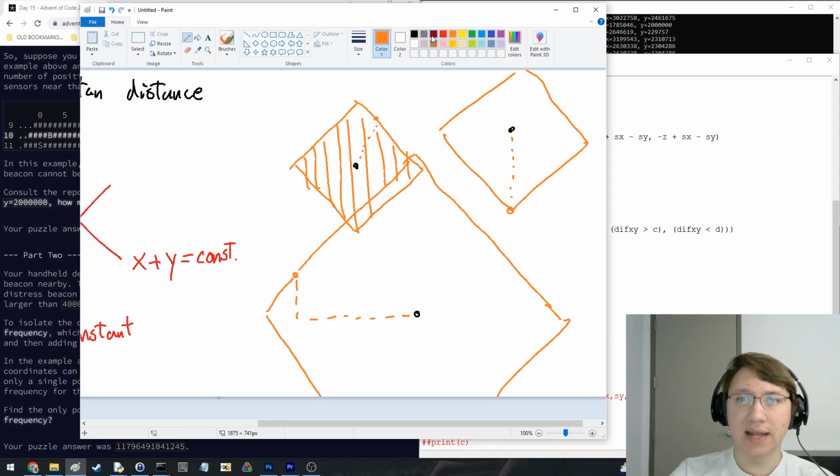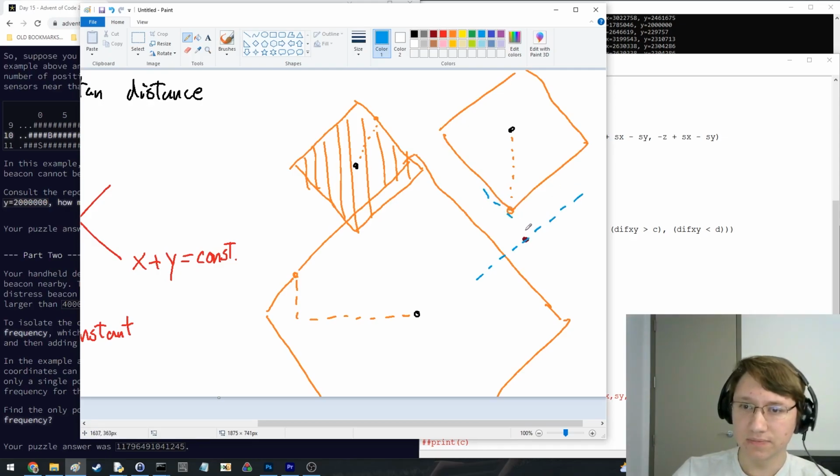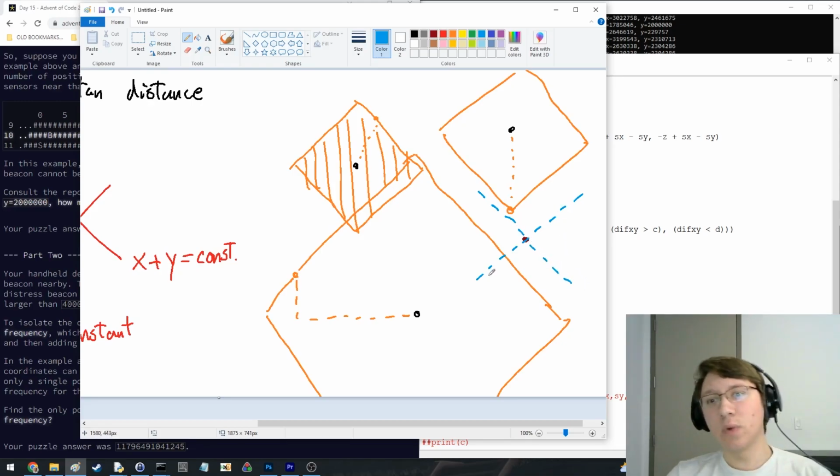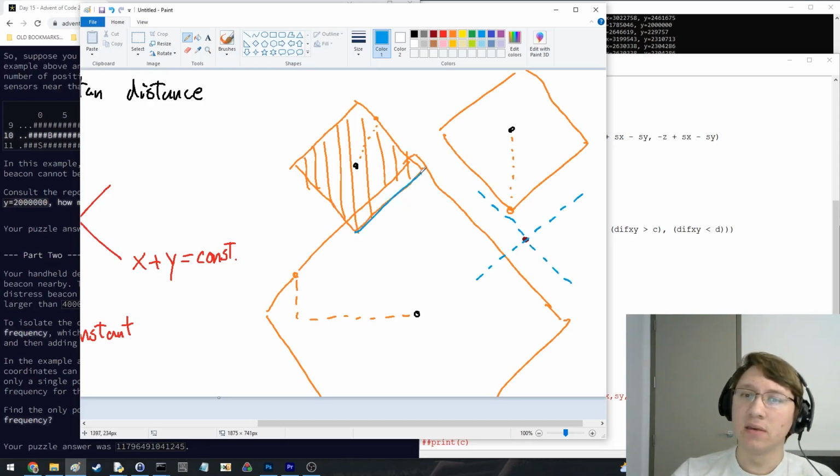Well, what's true is that if the point we're interested in is definitely not in an orange diamond, maybe it was right here, then for each of these orange diamonds we know it's not inside, so it must be the case that, here are the diagonals that it lies on, exactly one of these diagonals must be beyond the other diagonal of every one of these orange squares.